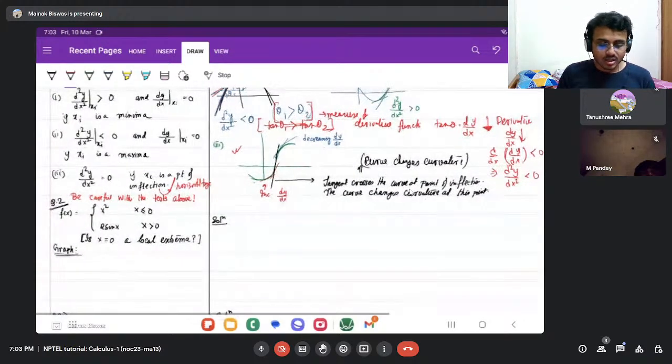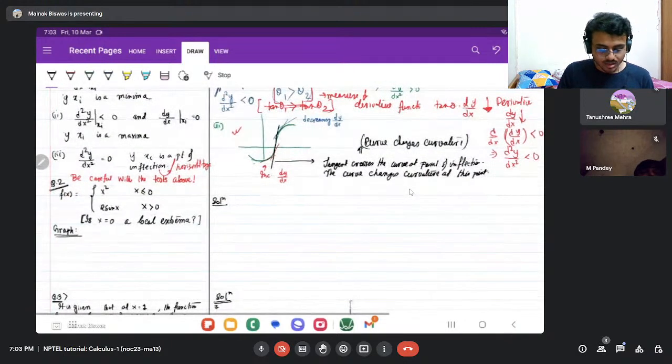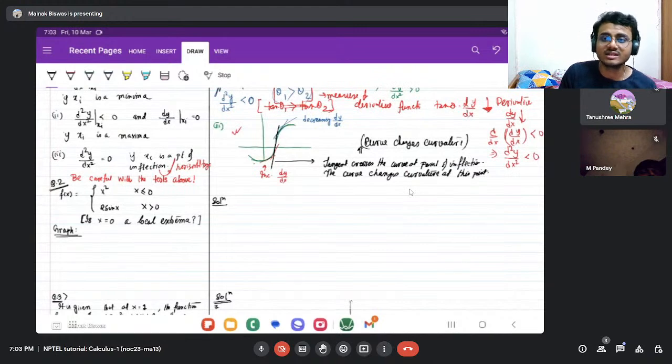So now let's go to problem solving. My question is, can we always blindly take derivatives and say a point is a minima or a maxima? The function is defined as x square, 2 sin x. So I ask you, at x equal to 0, is it a local minima or a local maxima?